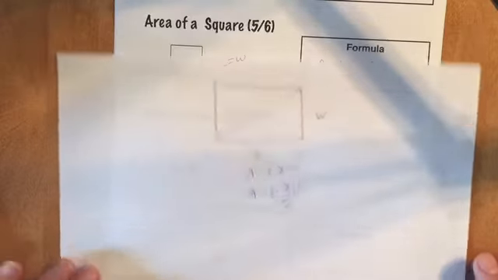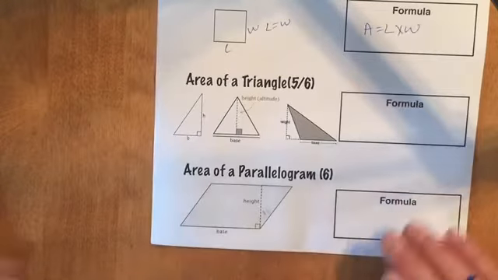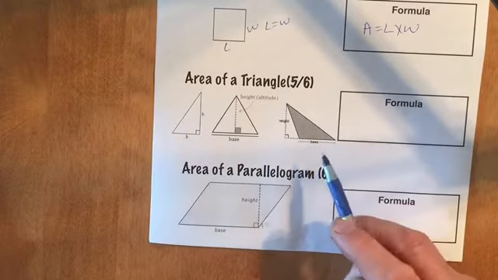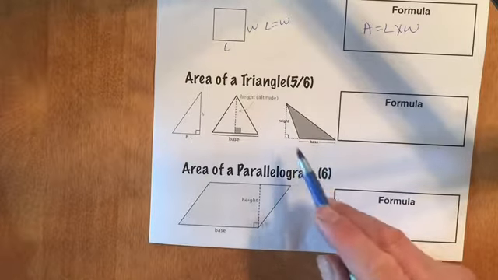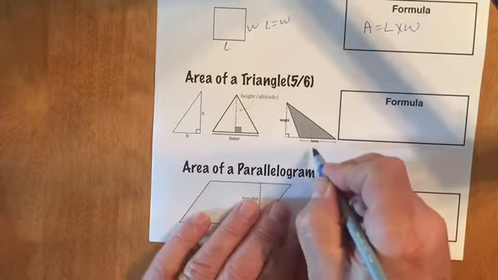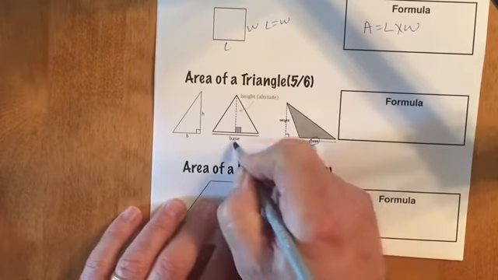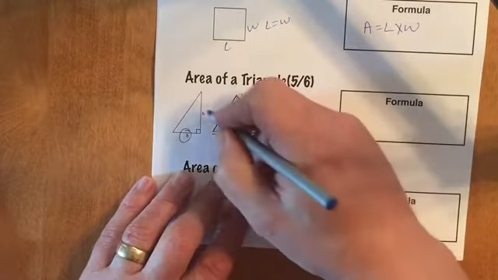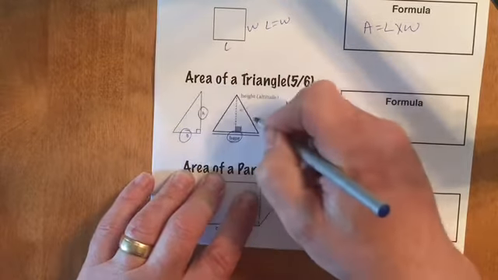However, in some situations, you might end up with these funky triangles, this obtuse triangle here, where length and width are hard to see. So we change it to the base, and instead of the length and the width, we go by the height.